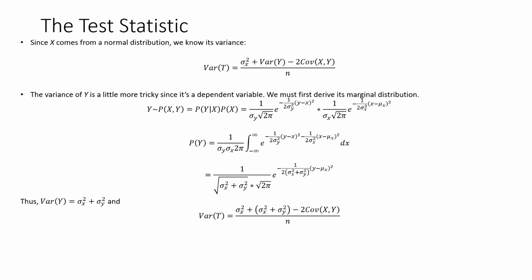And so now we get into the first non-trivial piece, and that's deriving the variance of y, this portion right here. And so to derive the variance of y, I get the marginal distribution, and to get the marginal distribution, you have to integrate the joint distribution with respect to x. And so here I'm getting the joint distribution of x and y, which can be expressed as the probability of y given x times the probability of x.